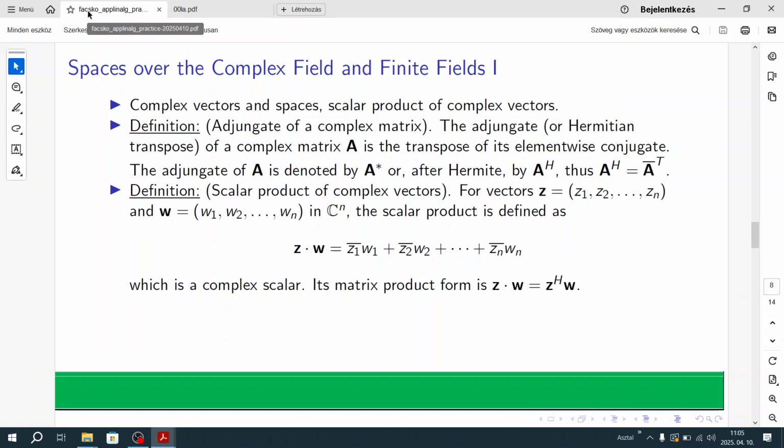I always say real numbers, real spaces, but the elements of the matrix could be matrices, remember block matrices, and they could also be complex numbers.